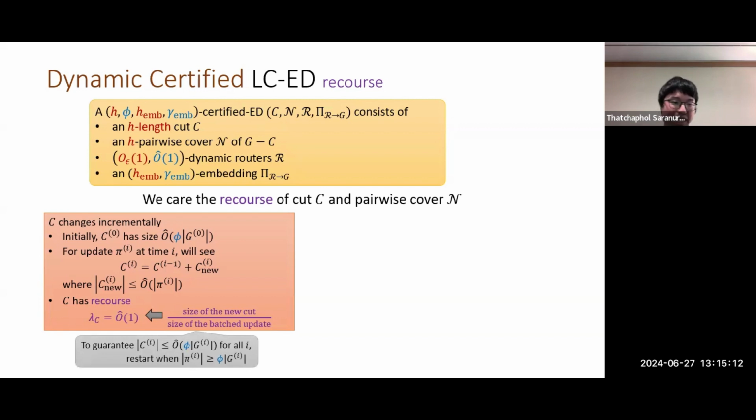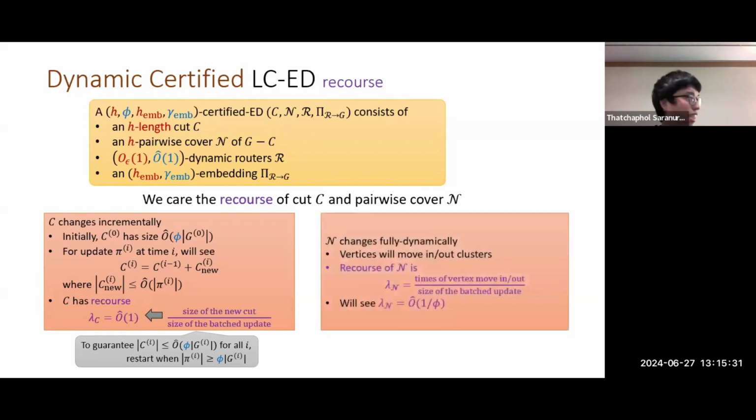So basically, what I want to point out is that the size of the cut has nothing to do with the speed at which this cut is changing. And we allow this recourse to be close to constant just because we can handle it later on. Let's move forward to define the recourse of the neighborhood cover, or the pairwise cover.